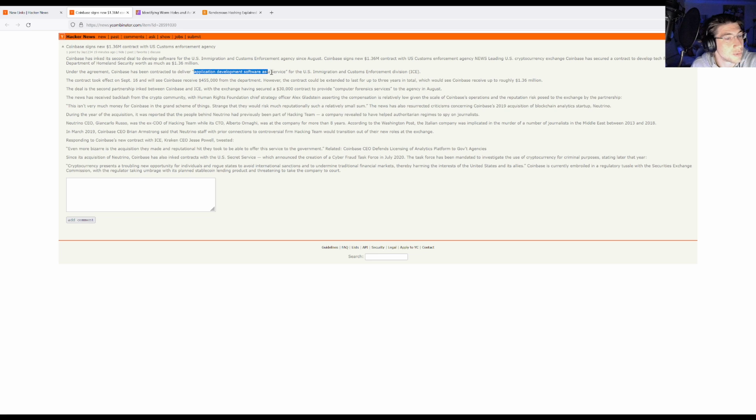Application development, software as a service. Oh, wow. We'll see, Coinbase received 455K from the department. However, the contract would be extended. The deal is the second partnership inked between Coinbase and ICE, after a contract to provide computer forensic services to the lead agency in August.